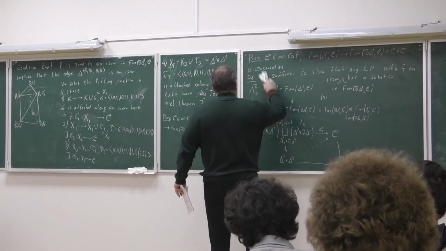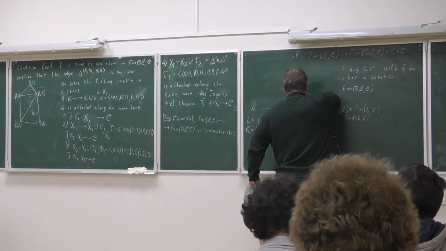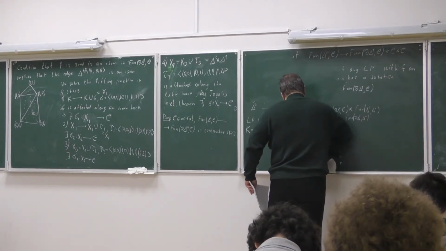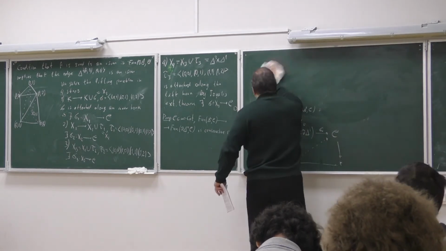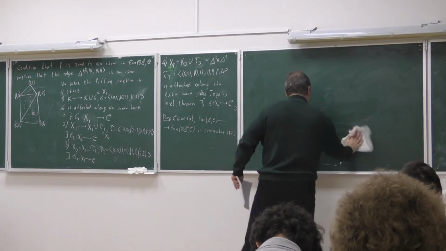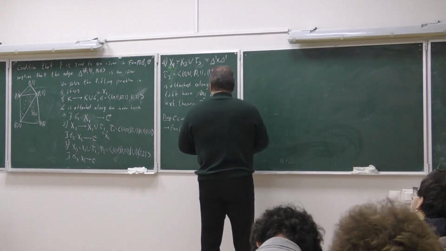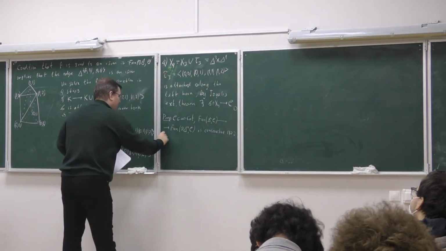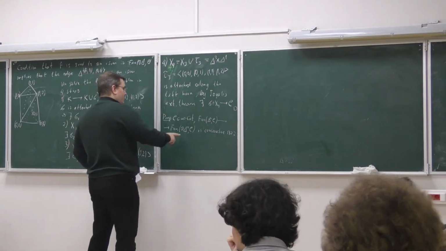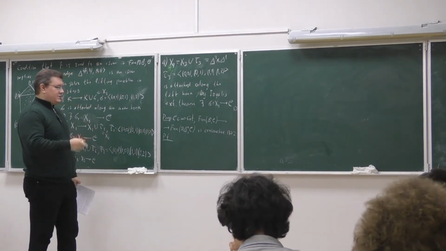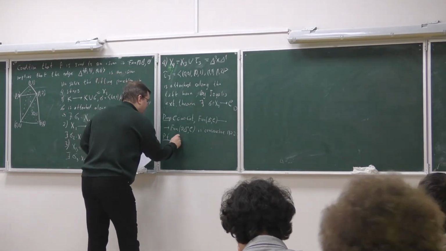Actually, the case where you need some separate proof with this Joyal theorem is the case when n is equal to 1, and the case when n is at least 2 can be reduced to some combinatorial problem that we already know. So let's see how this works. I notice the following: the canonical map from the boundary of the standard simplex to the standard simplex, I can factor this.